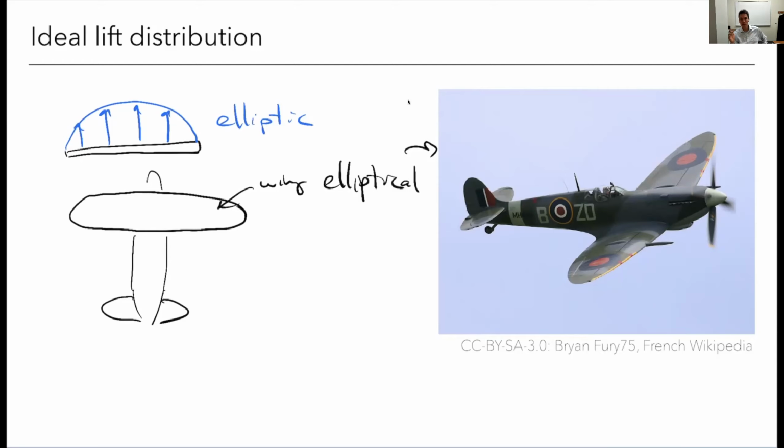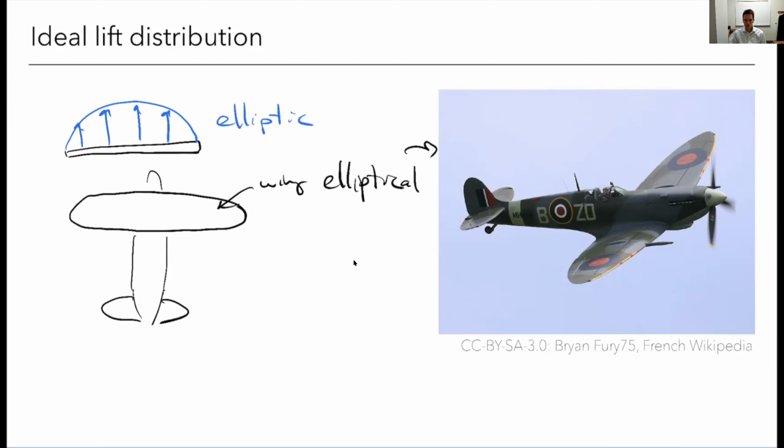I mean, it certainly affects it. It affects the twist I'm going to get, which we'll see will then affect other things. So it's not like these are independent. But the point is that no matter what geometry we give it, we can always get an elliptic lift distribution just by retwisting the wing the way that we want. So in some sense you could say it is decoupled.